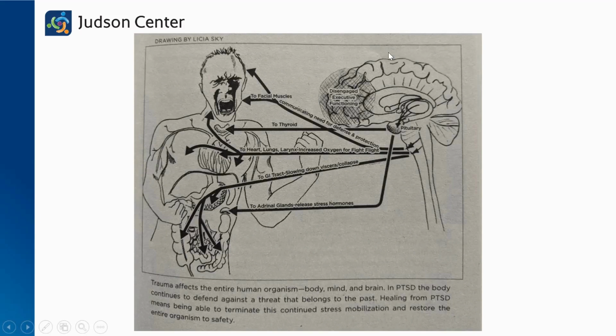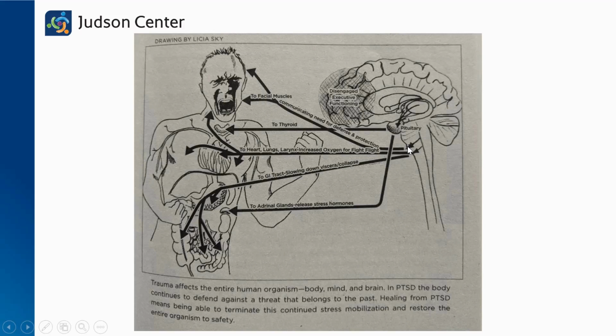As we can see, here's a picture of our brain. I'm not going to go into super detailed neurobiology here, but we have all these arrows coming from our brain. Here we have our facial muscles reacting, our heart and lungs, right? When we're activated, our heart may beat faster.